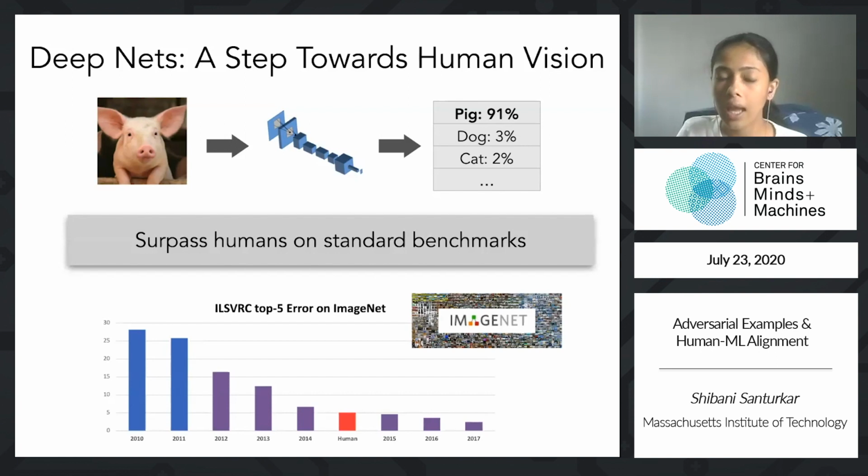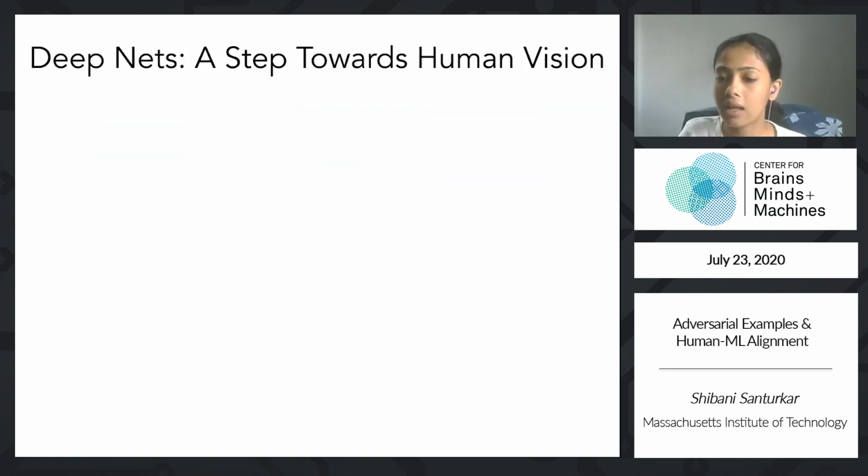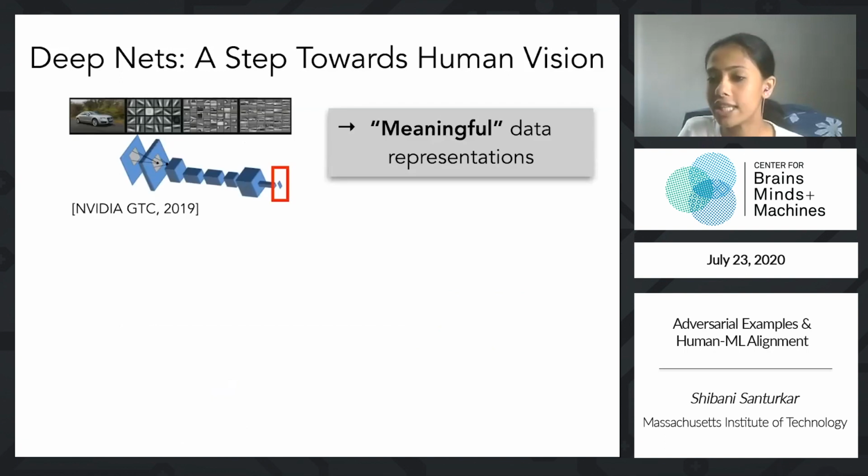challenge. And even more fundamentally, one of the things that makes deep learning so appealing is this promise that they learn really meaningful representations of the data, that over the layers of the network, deep networks extract more and more complex representations, kind of similar to what we think about human perception.